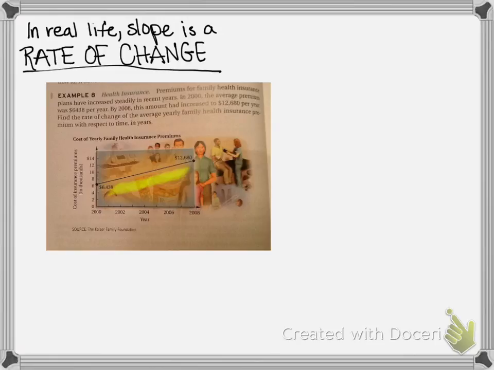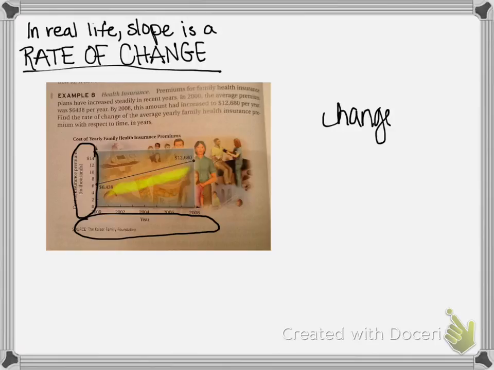So we're going to find the rate of change. First, we need to think, what's the y and what's the x? Well, the x value is going to be the year, and the y is going to be the dollars, right? So we want the change in cost over time.